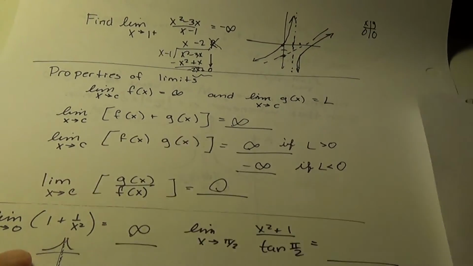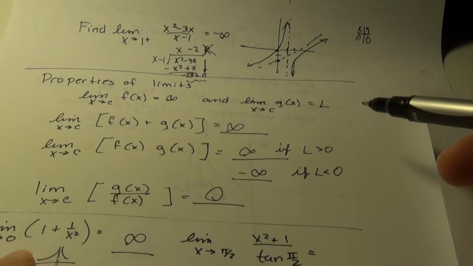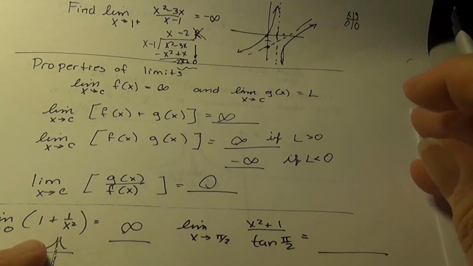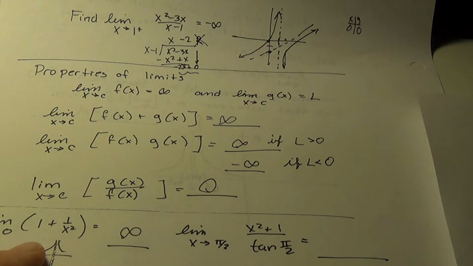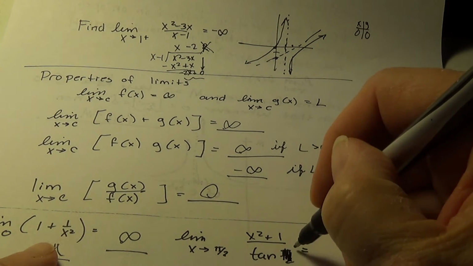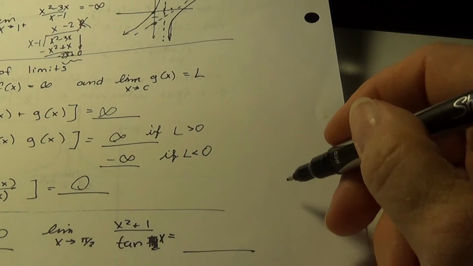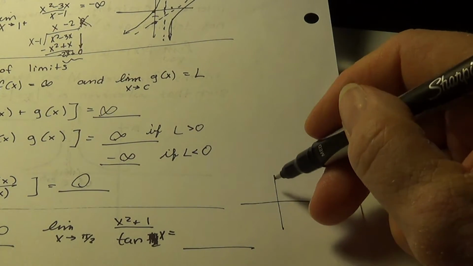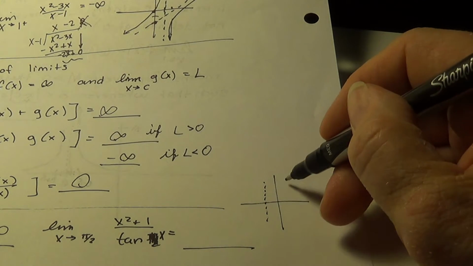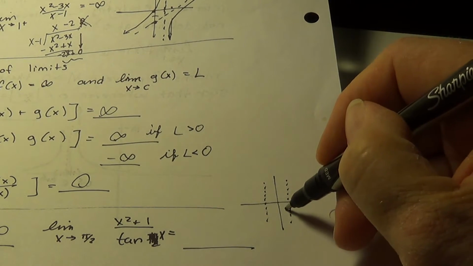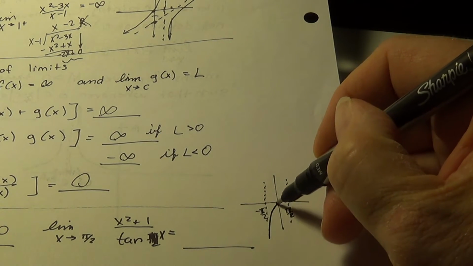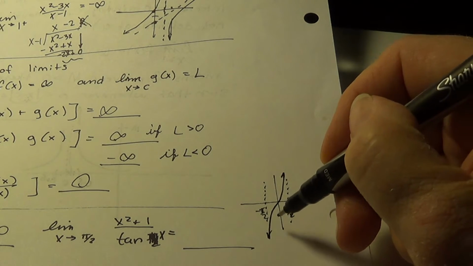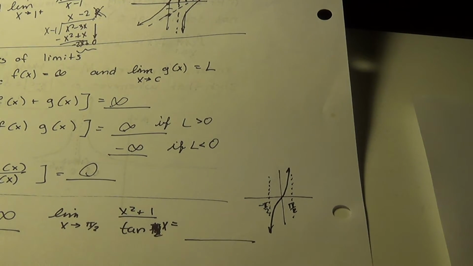What about this one? This time we're looking at some trig ideas. x is approaching pi over 2, and we're looking for tangent x. Let's take a look at that. It had an asymptote here, and an asymptote here, pi over 2, negative pi over 2, and it wobbled in a positive sort of way, the snake.